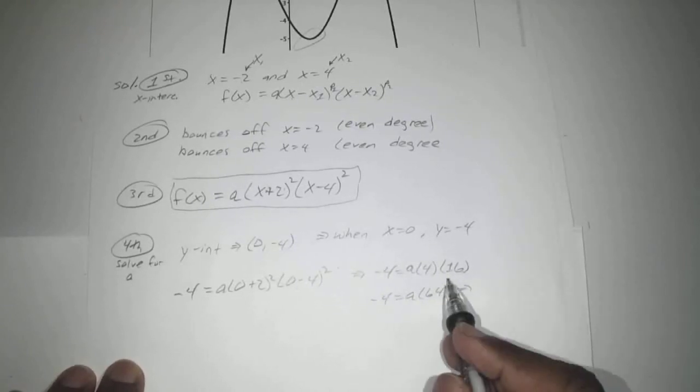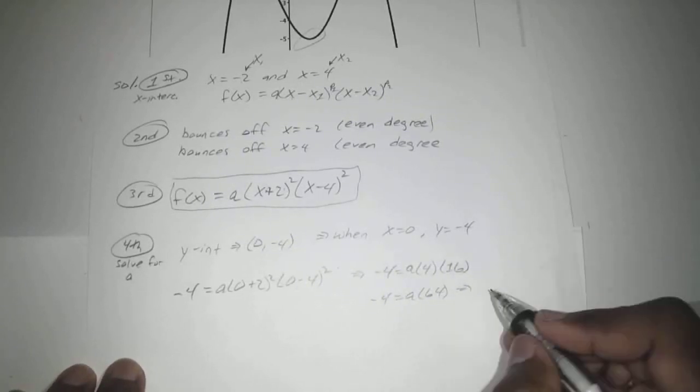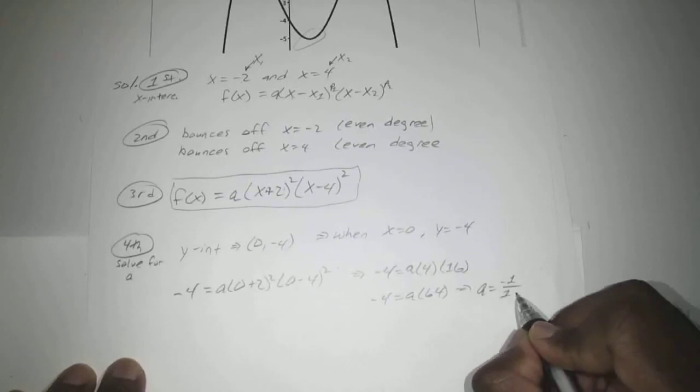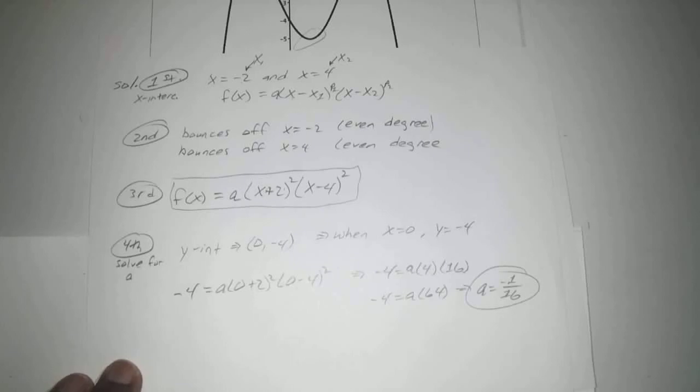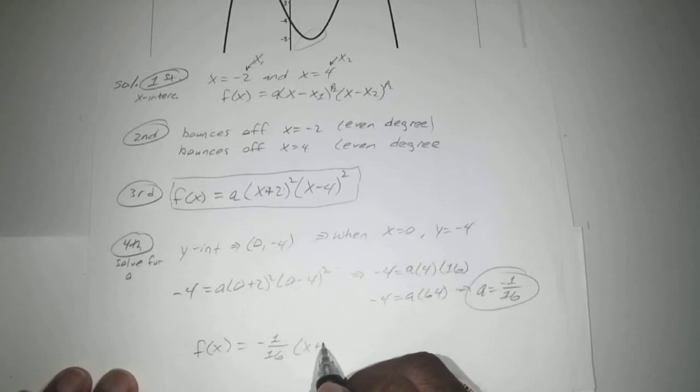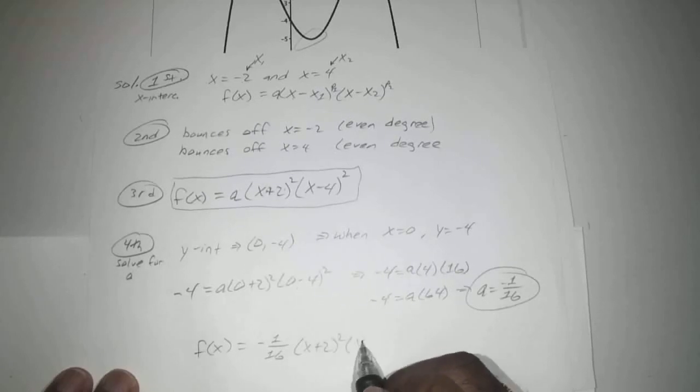Okay, so that means a would equal -4 over 64, or -1/16. Okay, so now all you have to do is plug that in there. So f of x is equal to -1 over 16 times x plus 2 squared times x minus 4 squared.